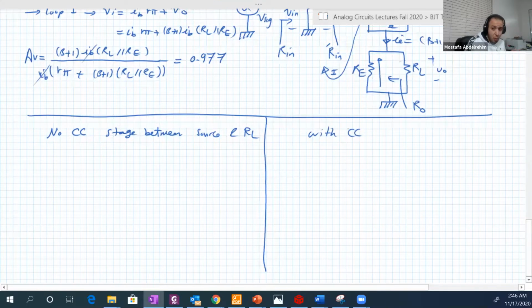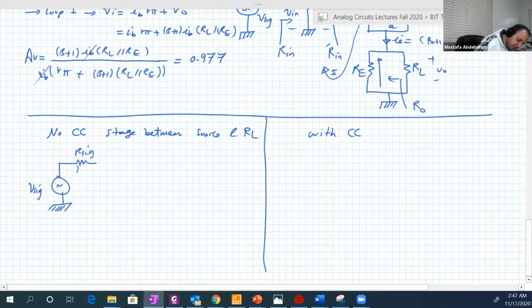If we don't have a common collector, we have the source V signal and the R signal, which is 10 kilo ohms, directly connected to the load, which is 1 kilo ohm.